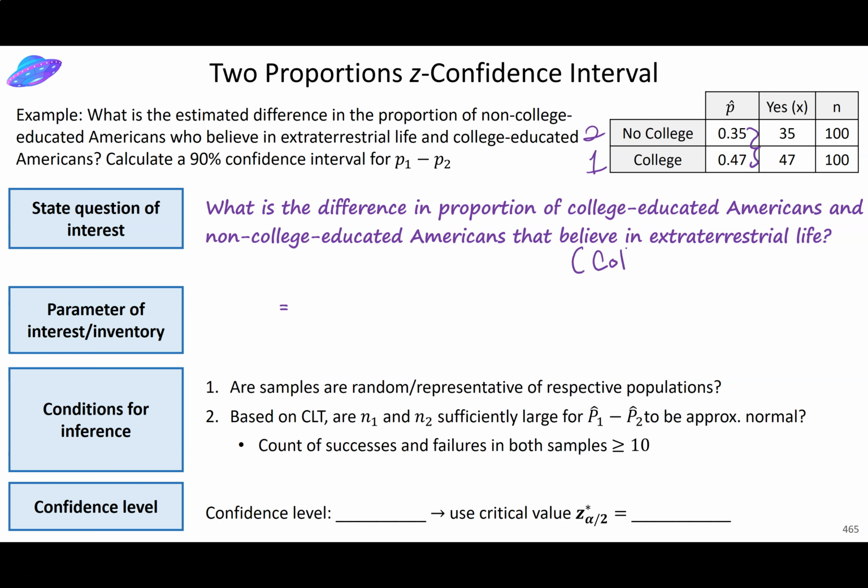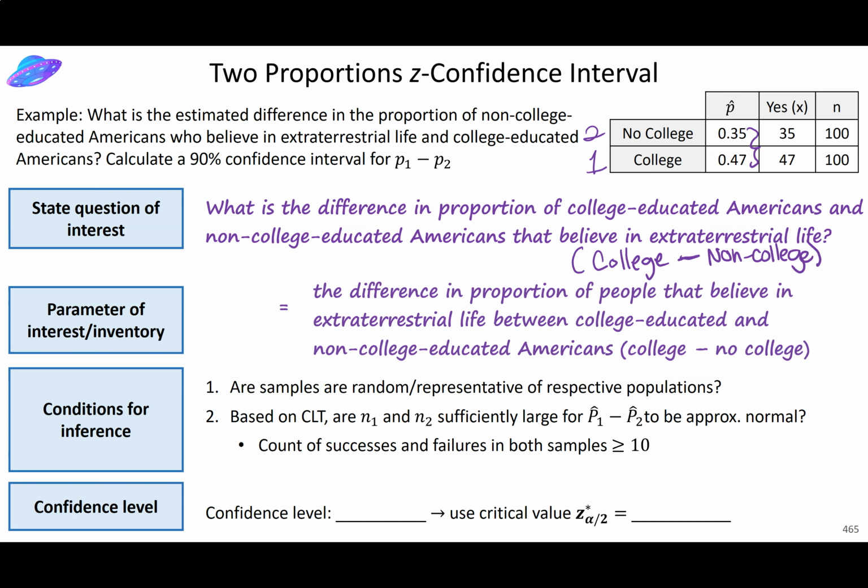So I need to specify, college minus non-college. Because if you say difference, you need to say what order you're subtracting in every time. Super important. So here, say I did college, no college. I'm going to even call it PC minus PNC.